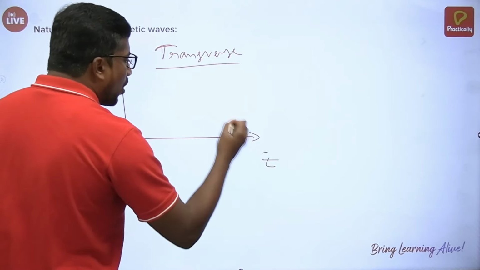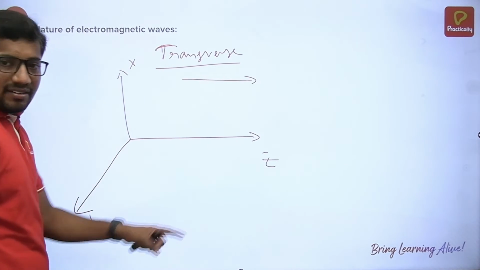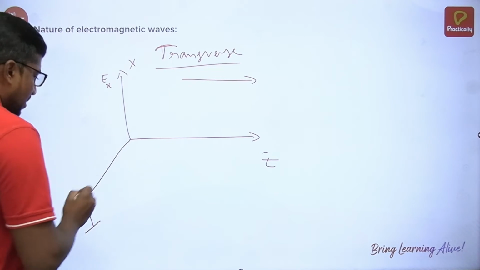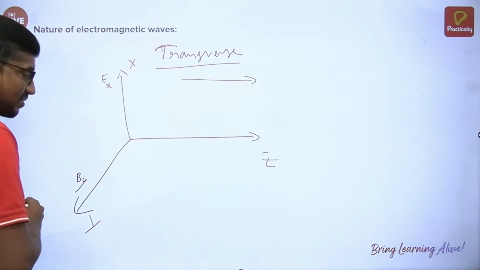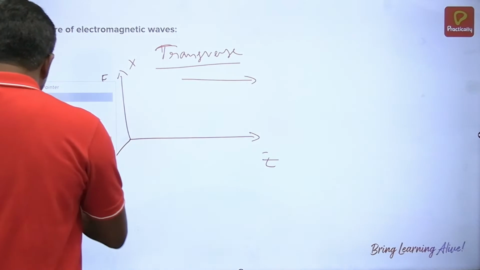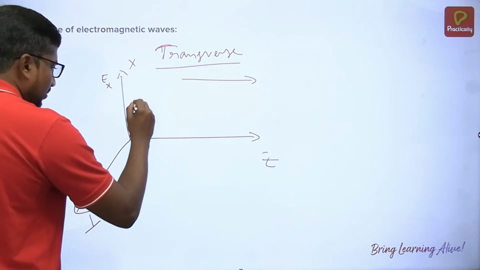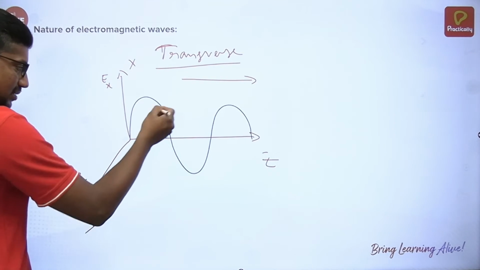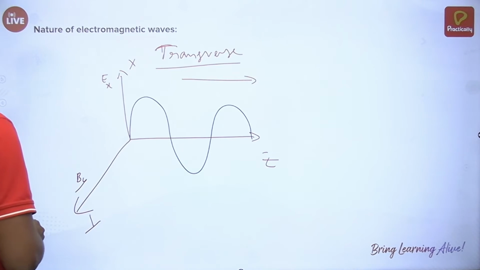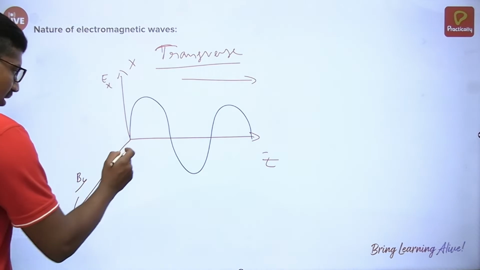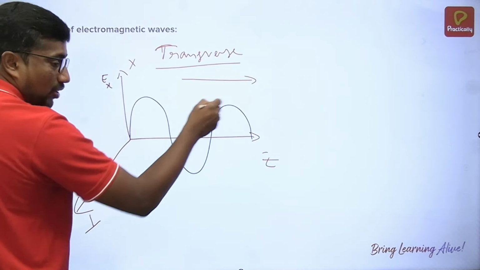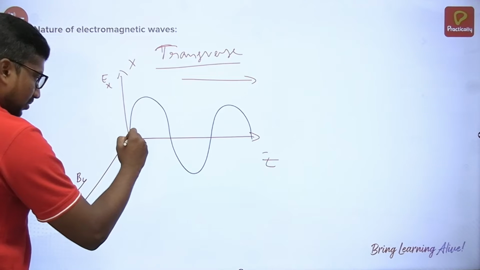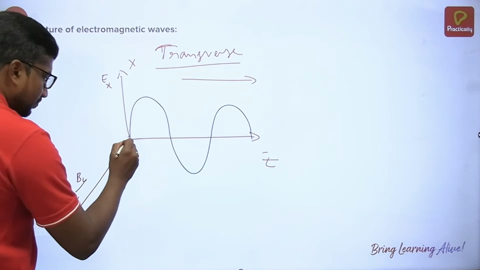Say the wave is propagating along the Z direction, and let the electric field be directed along the x-axis and the magnetic field along the y-axis. Here this is varying with time, this is a sinusoidal wave. This is related to the electric field, and with respect to the y-axis I am taking the magnetic field.